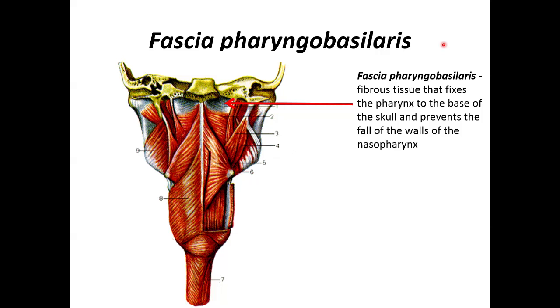Do you remember that in basilar part of os occipitalis there is processus tuberculum pharyngeum. So fascia pharyngo-basilaris attaches to this tuberculum pharyngeus.